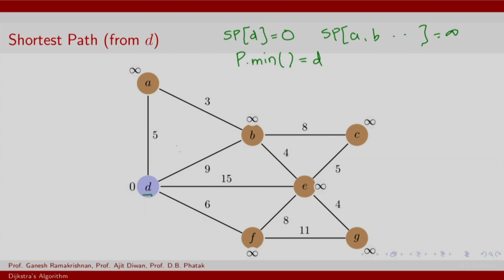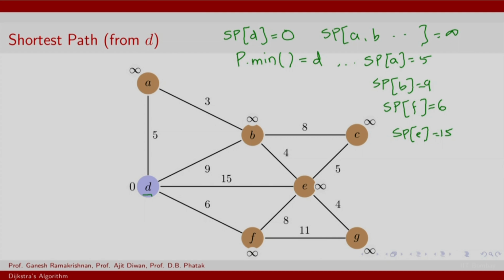Next you scan the neighbors of D, 5, 9, 15 and 6 are the weights on the paths to the neighbors. So you will update the weights. SP of A will be 5 plus 0, which is less than existing infinity, so SP of A is 5, SP of B is 9, SP of F is 6 and the shortest path to E is 15.